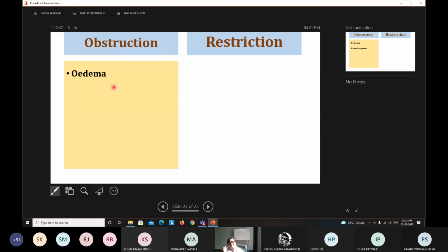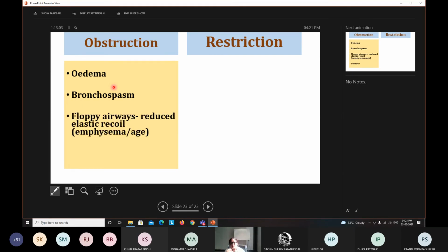Anything which is obstructing the air passage, like edema in the surrounding area, in the pericardium, will obstruct the airways, or any neurological disease which causes spasm of the bronchi, or any reduction in the elasticity of the airway, and any tumor which will obstruct the airways. Those we'll call obstructive lung diseases.